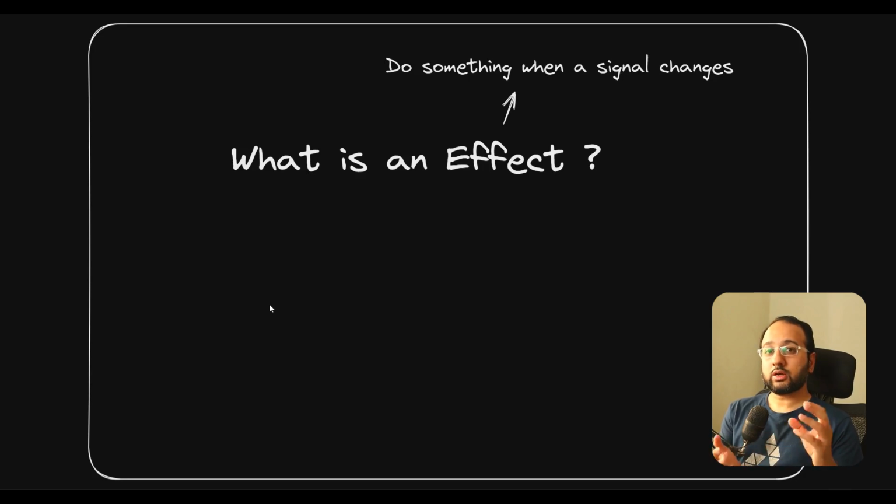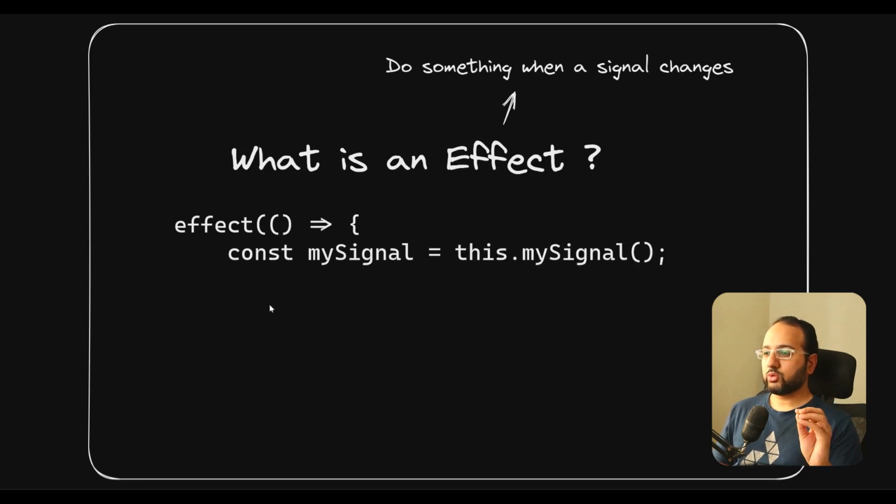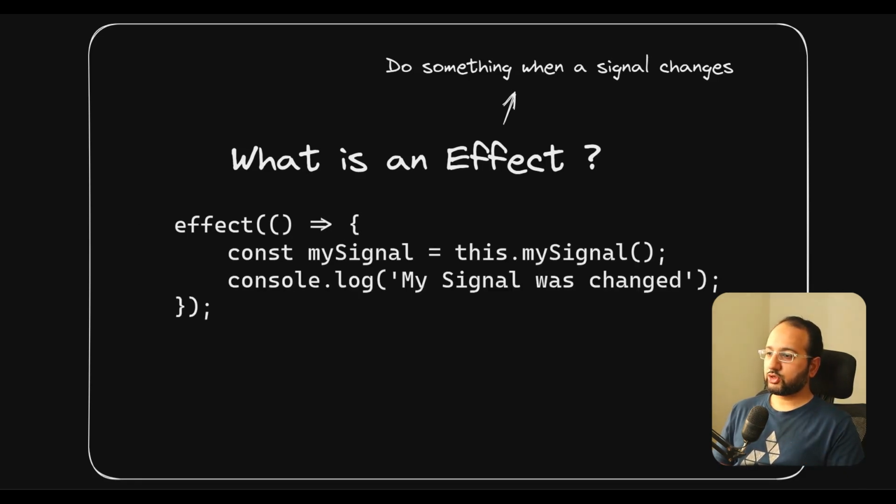Okay. So computed is a derived value of a signal, and linked signal is also derived. And resource is also derived from a signal, but effect is when you actually want to trigger something when a signal changes. Okay, so how do you define effect? So you give an effect function which you can specify in your constructor, or you can also specify as a variable in your component.